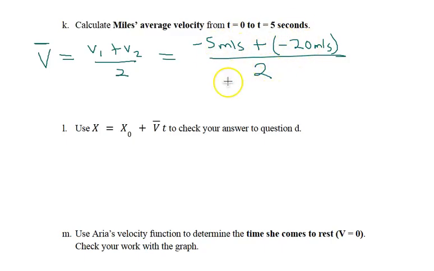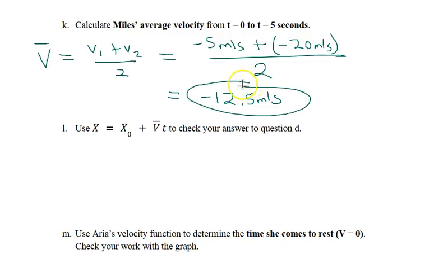We get negative 25 over 2, or on average, he was going backwards at 12.5, right? He started out going slower than that, ended up going faster than that, which averages out to 12.5. So he gained as much ground as if he was just doing this at a constant rate instead of starting slow and ending fast.